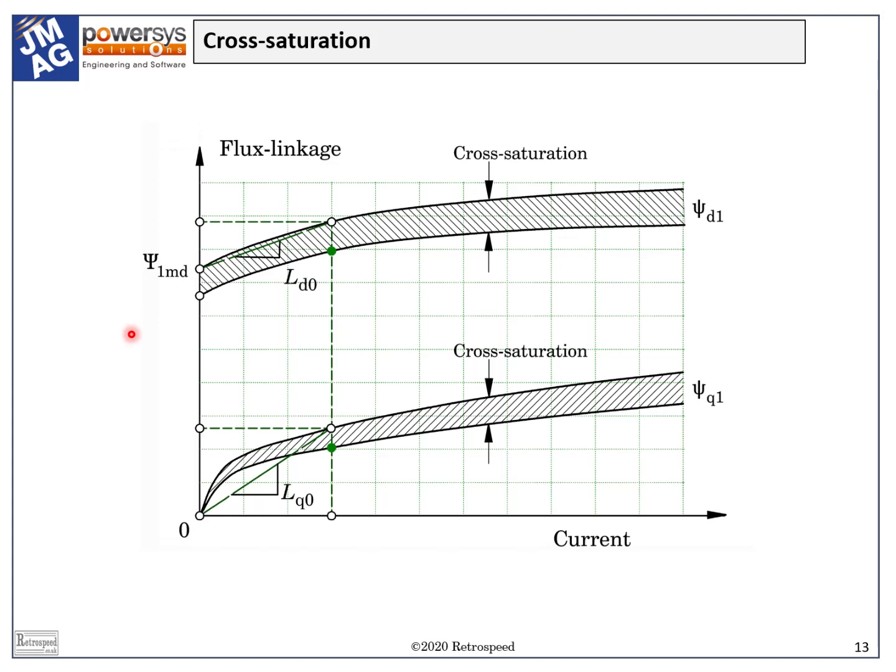We can say that in general, the complete map of these values is needed only in cases where very high accuracy is required. And of course, the effect of cross-saturation can be calculated using the same finite element procedure that we used in the previous slide. That is one in which the rotor position remains fixed.